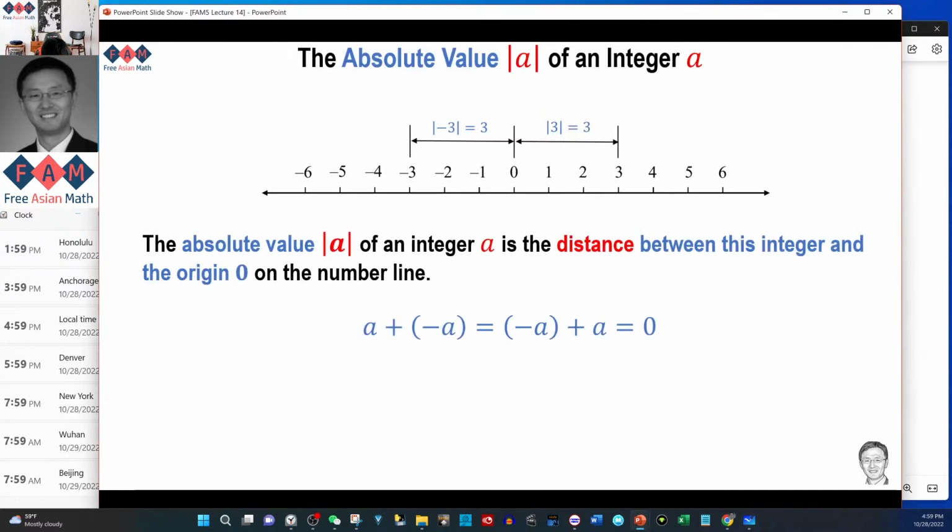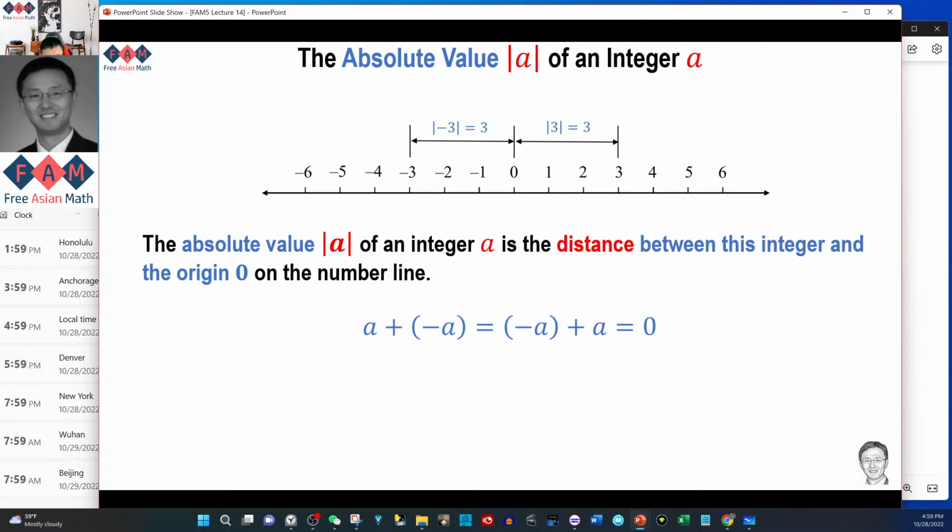And what is our definition? The absolute value of A is the distance between this integer, and we emphasize integer for now because every number we have learned so far is an integer, and the orange 0 on the number line. That is just it, right? It's just the distance.